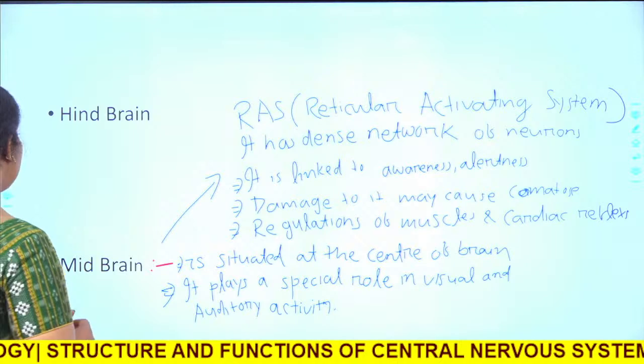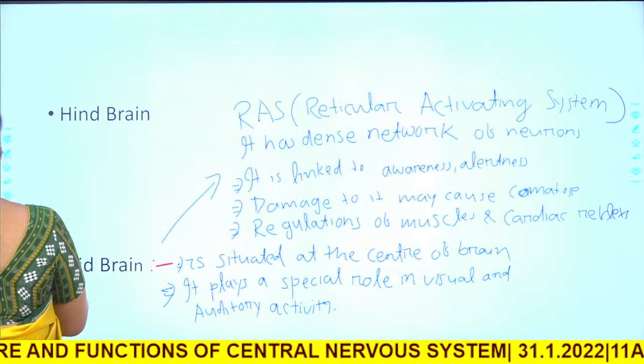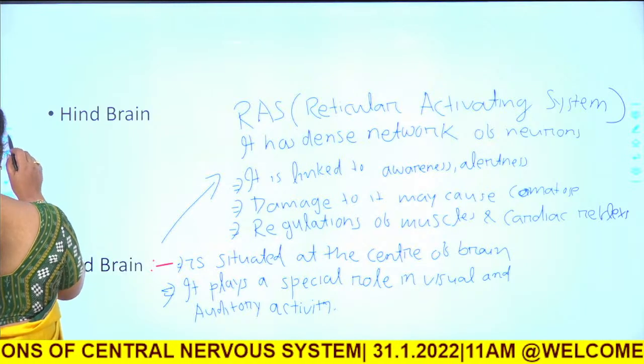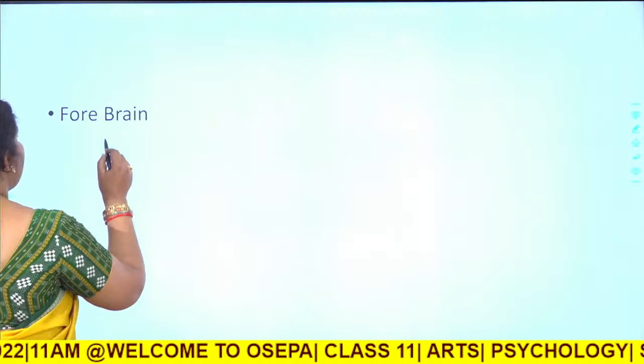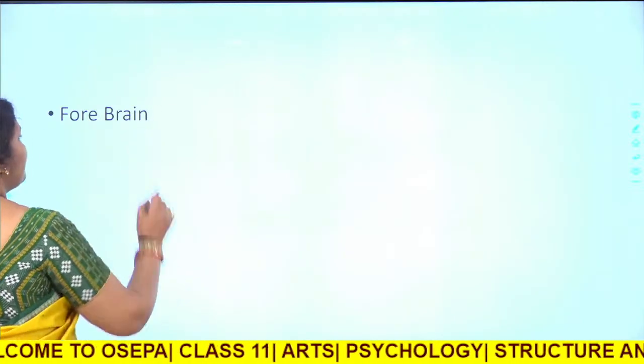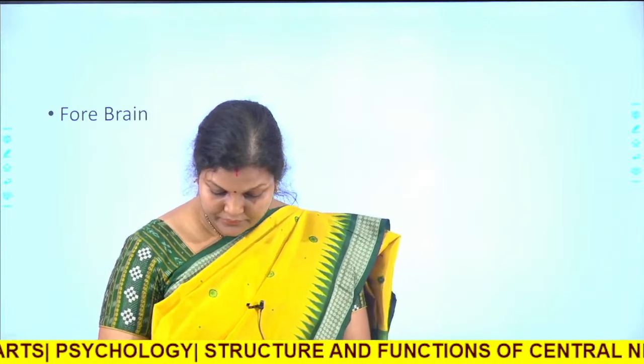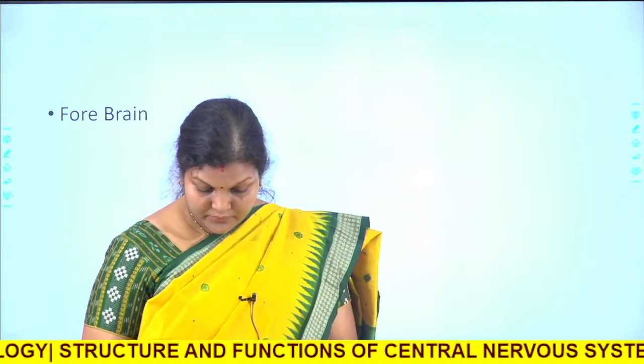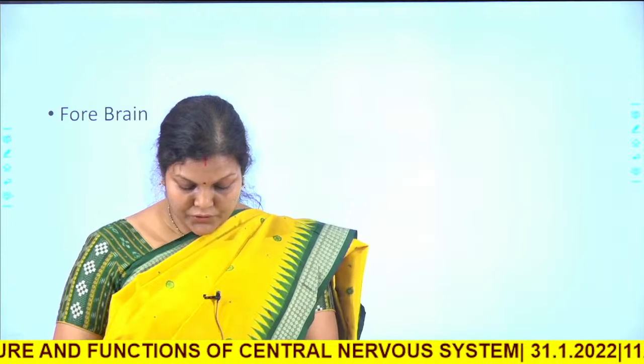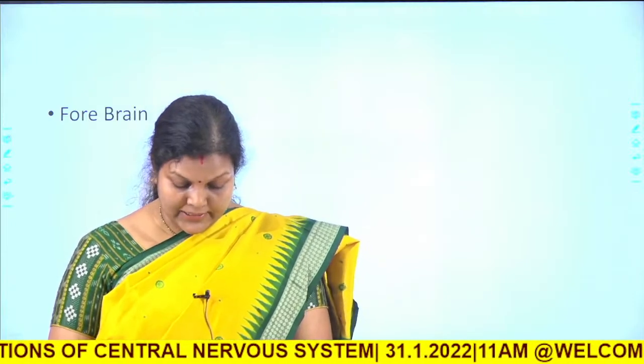Next let us talk about the third part, that is the forebrain. This is the third part of the human brain system. The forebrain is the most important part of the brain system.